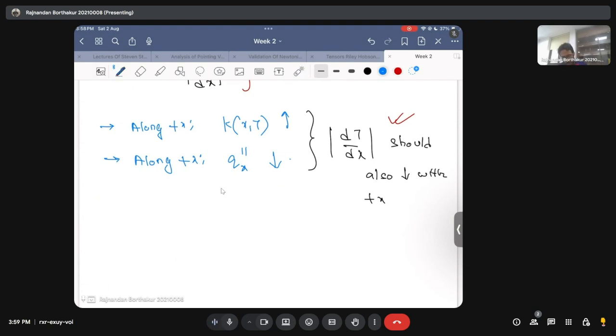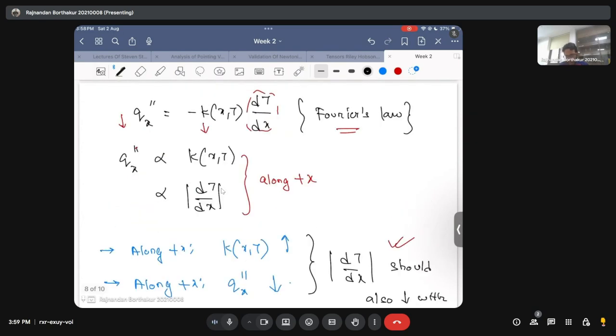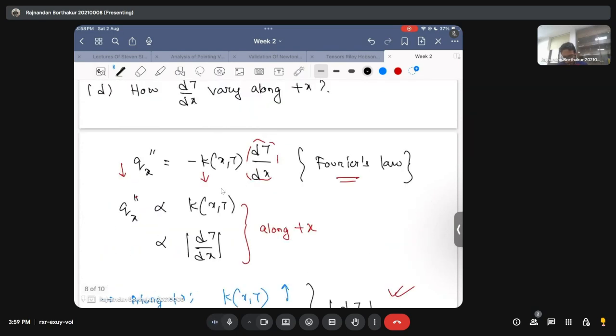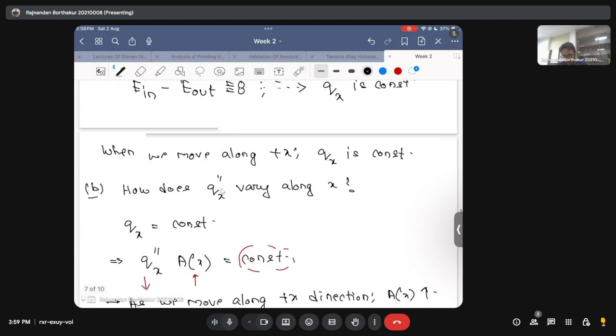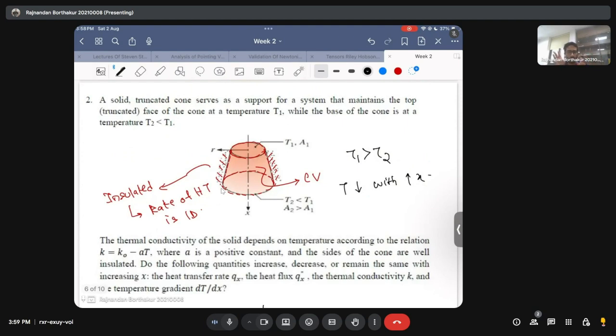Okay. All right. Once again, we'll stop here for a couple of minutes. I hope this problem is clear. This is a good problem actually, and this will clear all your concepts related to Fourier's law, how to build a control volume, and how to analyze quantities pertaining to conduction heat transfer.